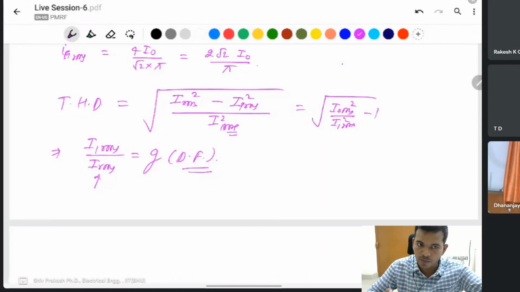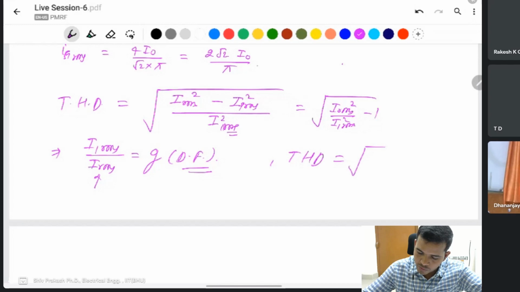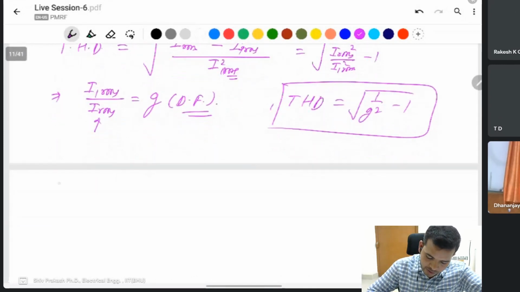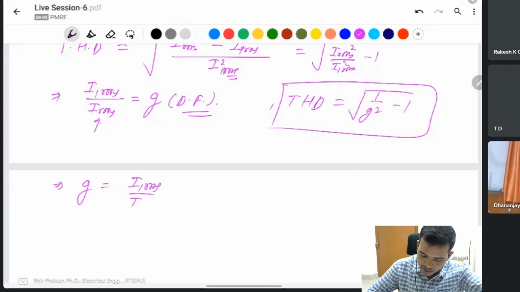But if harmonics are present, then the distortion factor will decrease. Then THD is equal to 1 upon G square minus 1. You can calculate THD. The distortion factor you can calculate as I1 RMS divided by total RMS.